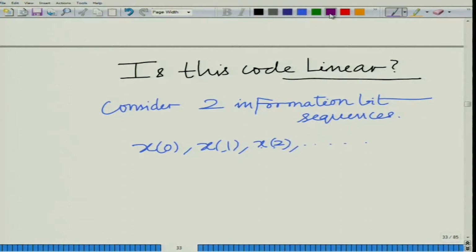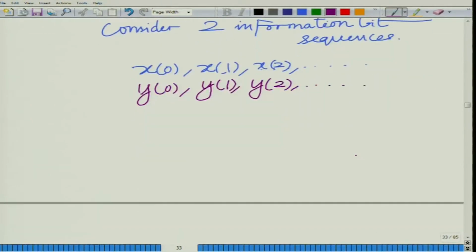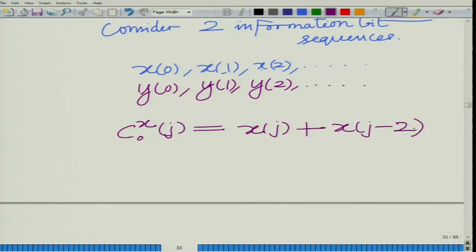Okay. This is the first information bit sequence. Another information bit sequence is y0, y1, y2. Okay. So, these are the two information bit sequences. Now, the code bit 0 at time j due to information bit sequence x is xj plus xj minus 2.